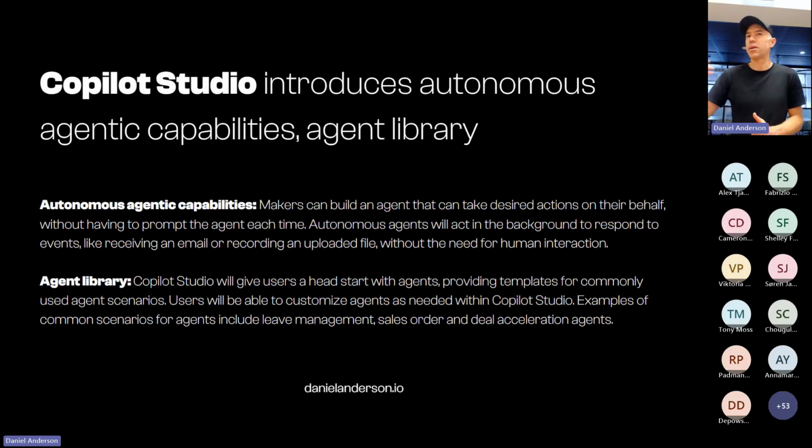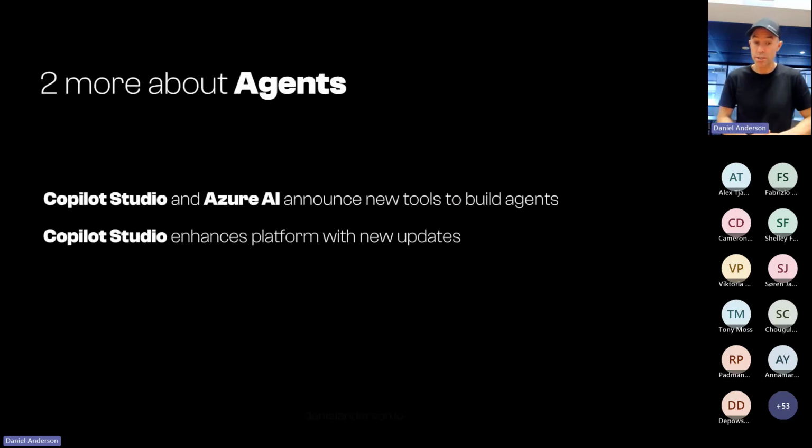So think of things like emails coming in or tickets being requested or added to ticketing queues or things like that. An autonomous agent will be able to sit there, listen for things, and then actually go and do some tasks for you. Agent library. There will be some templates for commonly used type of activities as well. So that'll be all there ready for you to utilize.